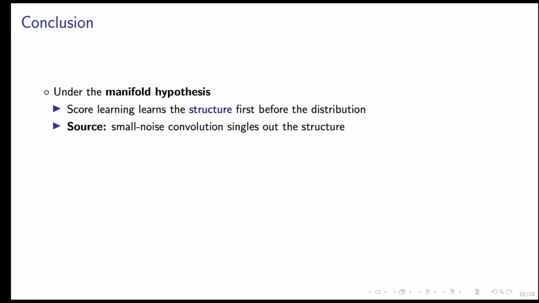In conclusion, under the manifold hypothesis, we analyze score learning and show that score learning learns the structure first before the distribution.